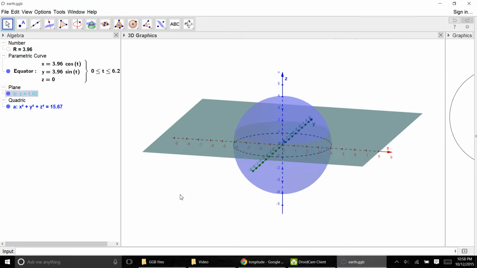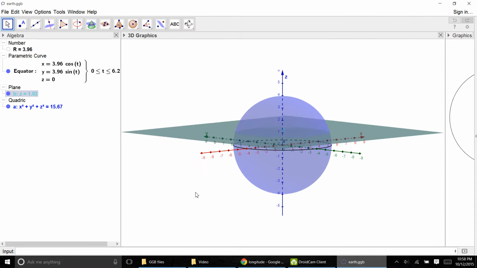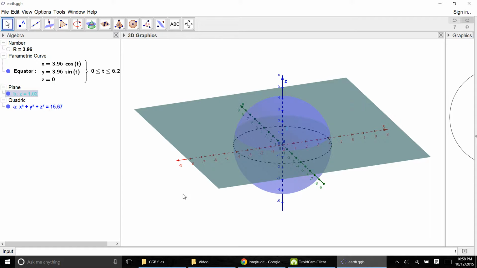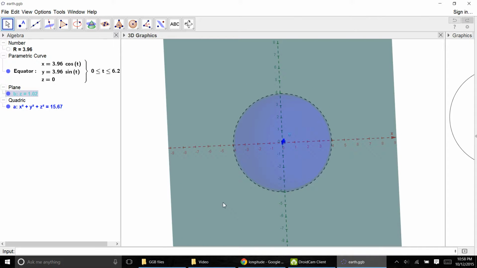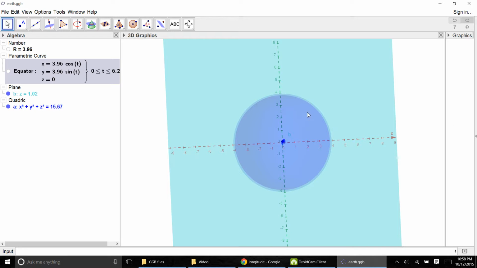So we need to now parameterize that circle of intersection. But it's the same thing, it's just the z coordinate is a little higher now.